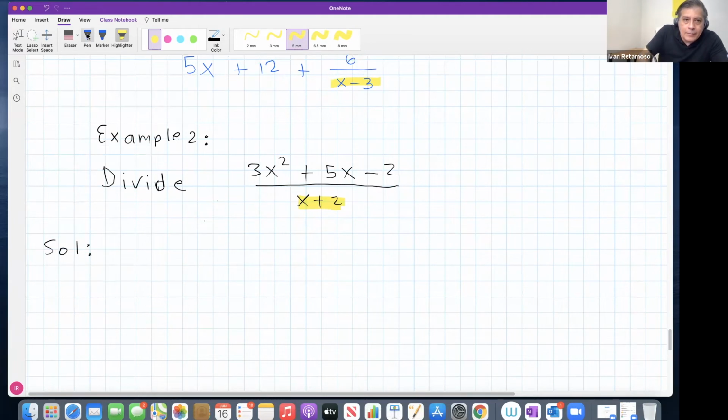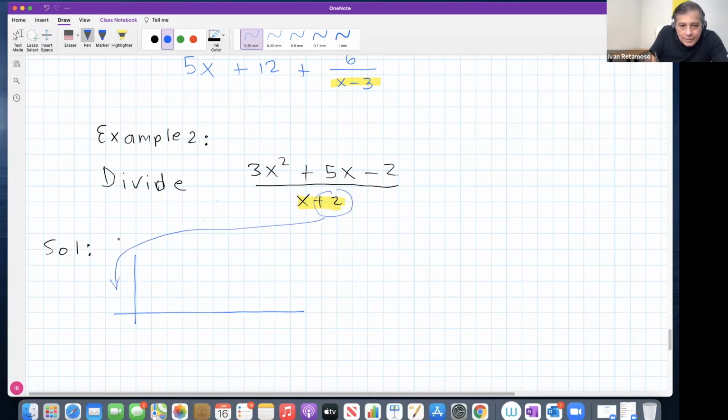How? Well, again, you draw your vertical line, your horizontal line. Here on the corner, you write the opposite of this guy. Opposite of +2 is -2.